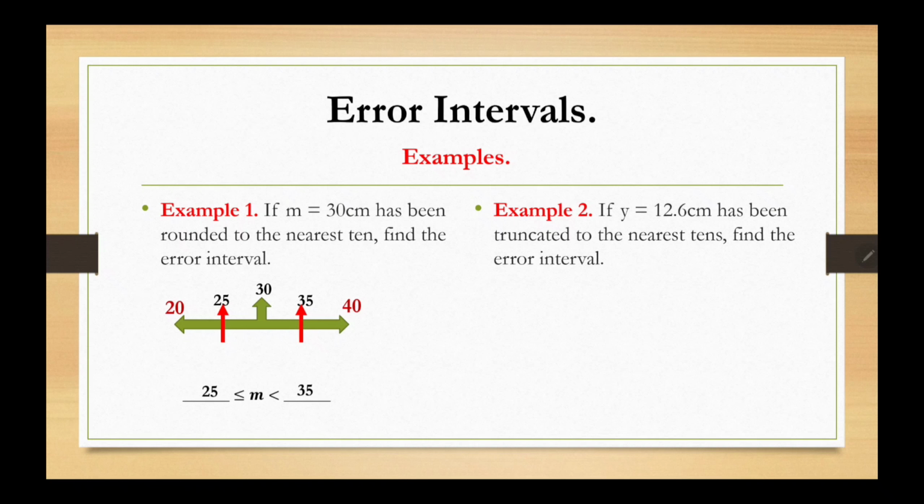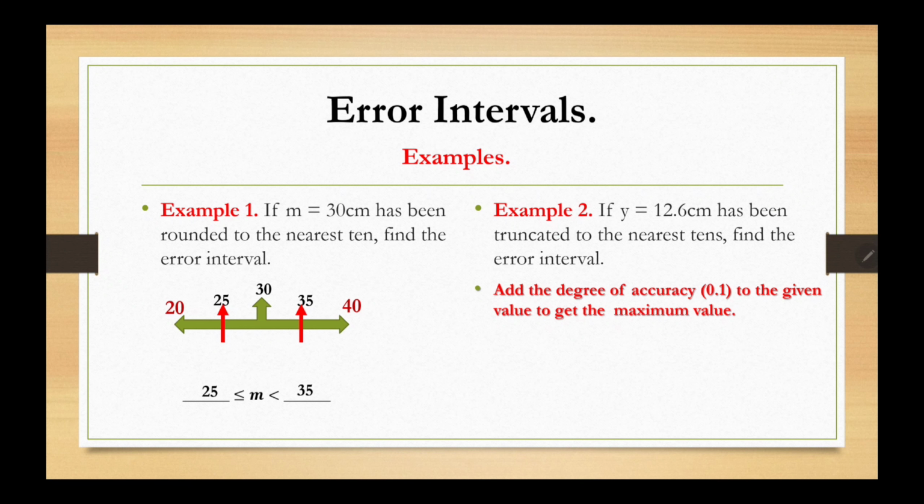All right, example 2. If y is equal to 12.6 has been truncated to the nearest tenth, find the error interval. Okay, truncating is a little bit different. It's actually quite simpler. So it has been truncated to the nearest tenth. The first thing we do is we add the degree of accuracy, which is 0.1, to get the maximum value.